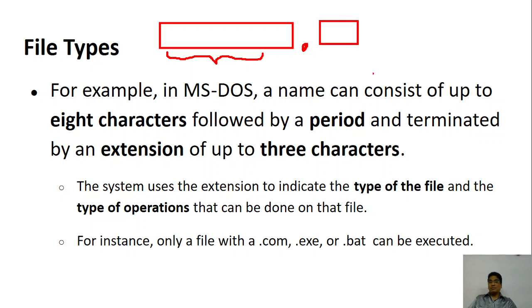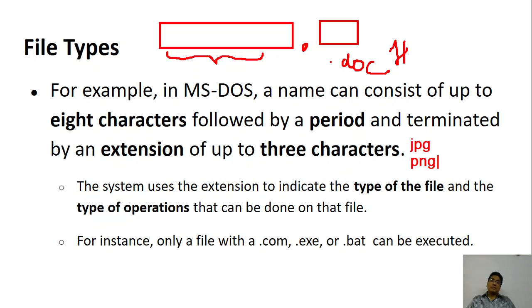For example, you can have .doc, which you are all familiar with. Doc is a Microsoft Word document, or BMP, or JPG. Most of you have seen this extension, JPG or PNG.